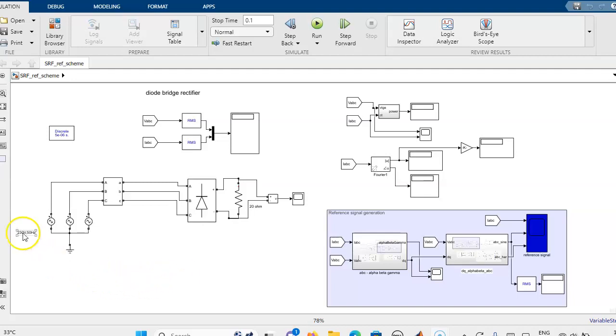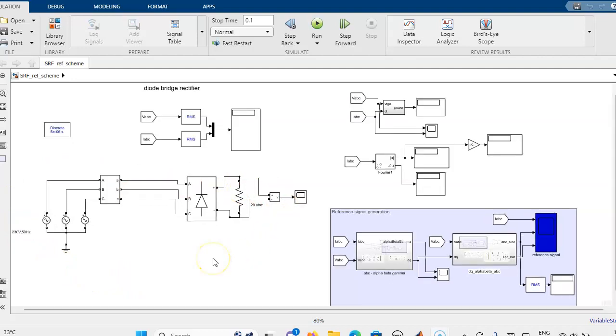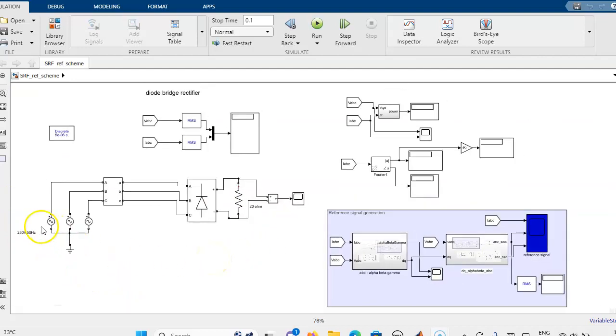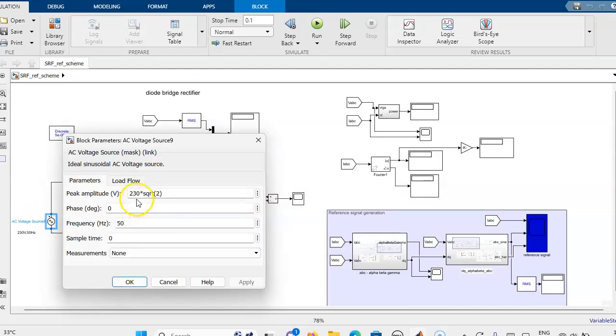Here I have taken a three-phase load, a 230 volt 50 hertz three-phase supply, which is connected to a three-phase diode bridge rectifier and then a DC load of resistance 20 ohm. For the R phase I have taken 230 volt into root 2 because we have to give the peak amplitude.